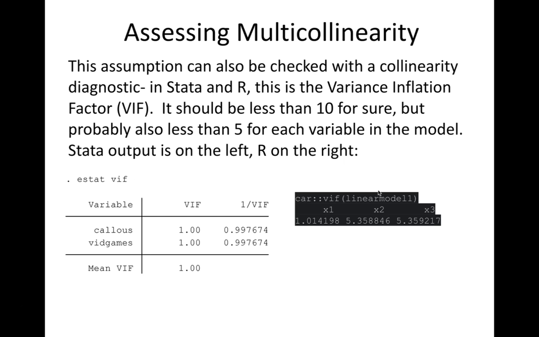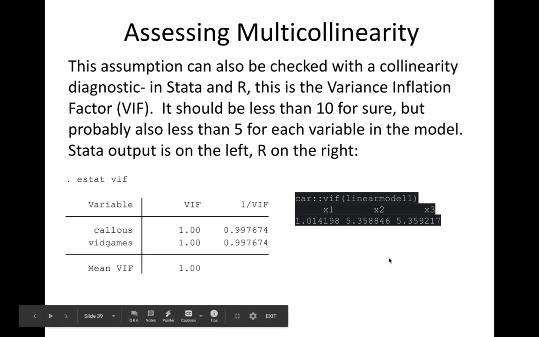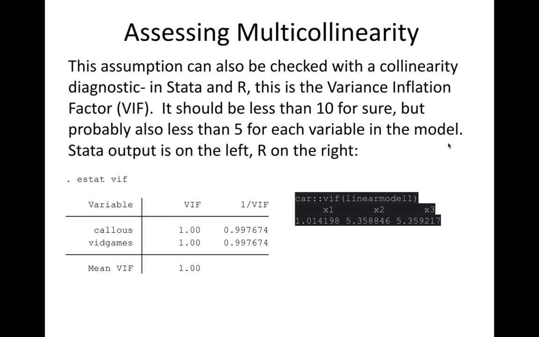And in R, there's a package called car, Companion to Applied Regression, and it has a very nice function called vif, which does the same thing. So you basically run this function, and you're going to get VIF estimates for each of your predictors. And what you're looking for is that for each of your predictors, the VIF value should be less than 10, absolutely, but ideally even less than 5.